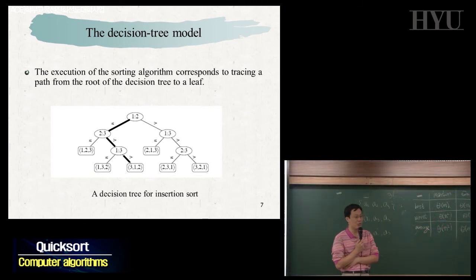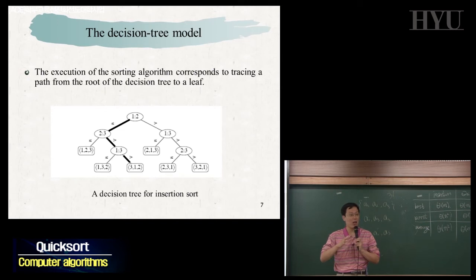And how many solutions are there if we have n elements in the input array? Yes, we have n factorial possible solutions. Okay? Then our aim is to select one of the solutions using comparisons. So the sorting problem can be viewed in that way.